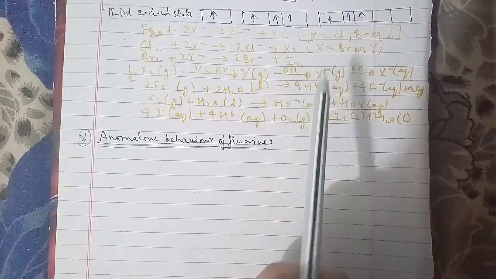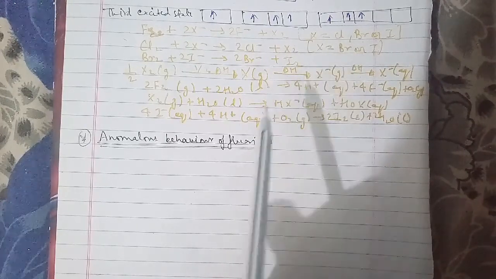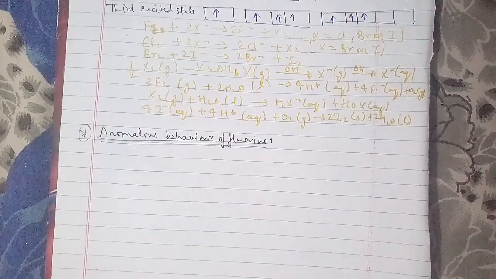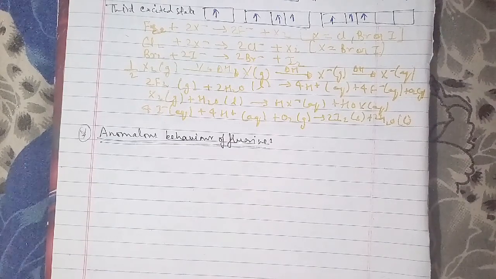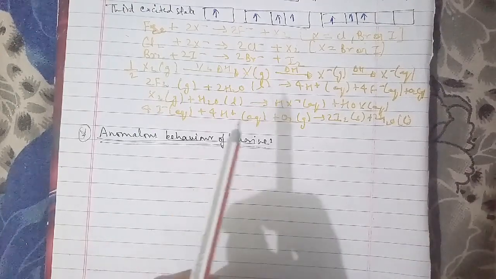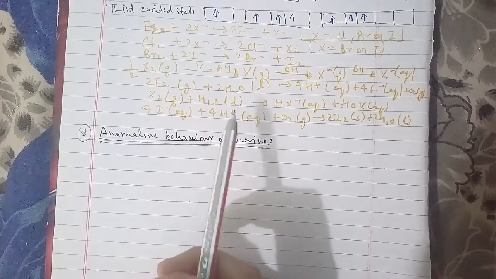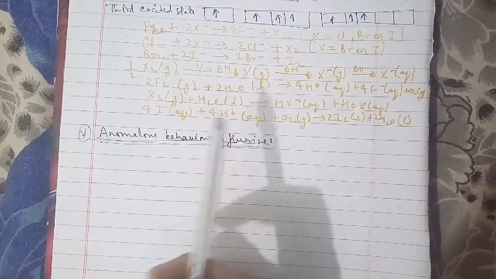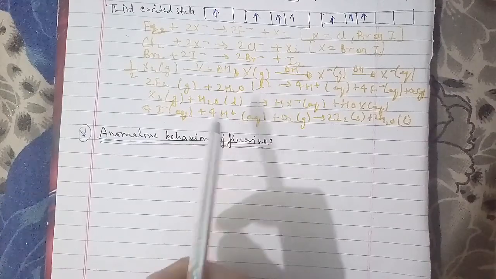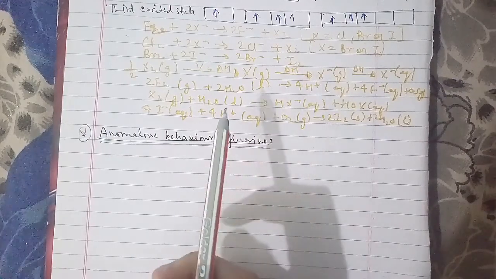We'll talk about the first one, which is reactivity towards hydrogen. They all react with hydrogen to give hydrogen halides, but affinity for hydrogen decreases from fluorine to iodine, and hydrogen halides dissolve in water to form hydrohalic acids.